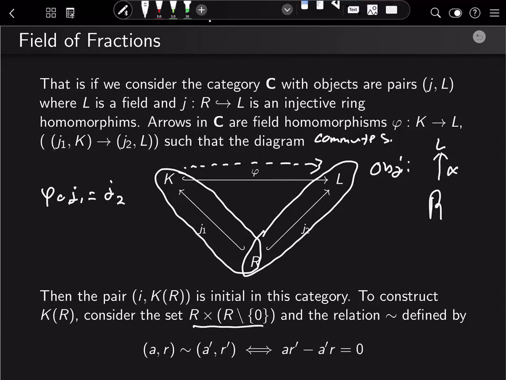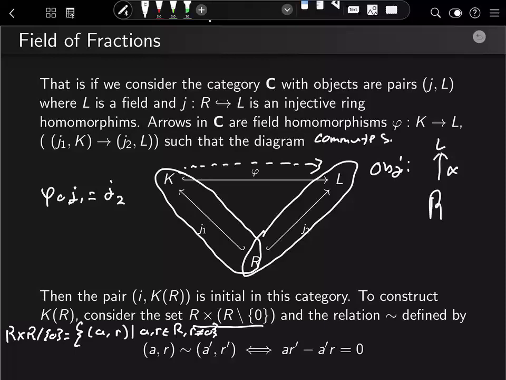Just to refresh our memory, as a set, R cross R minus 0 is equal to all pairs of elements a comma r, such that a and r are in R, and r is not equal to 0.